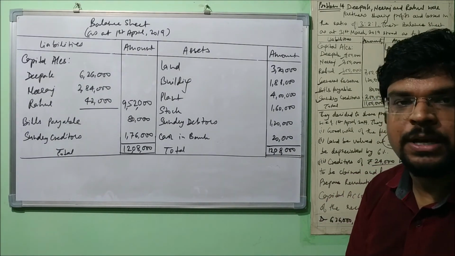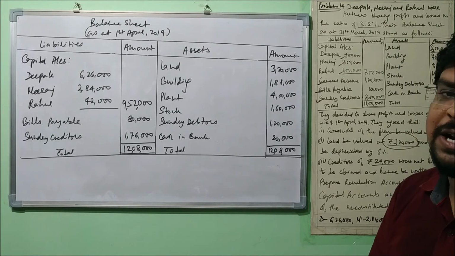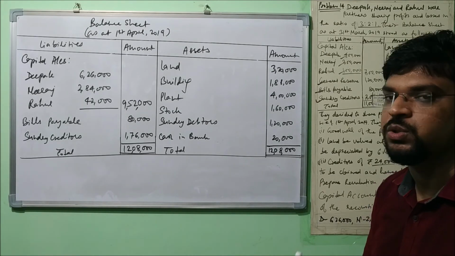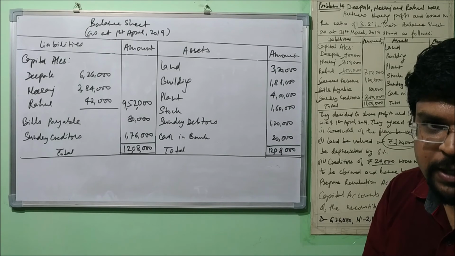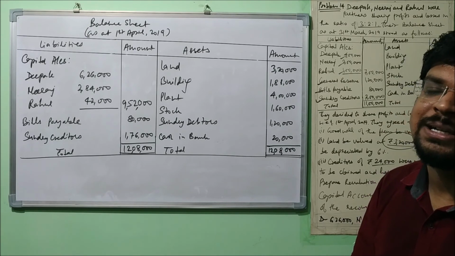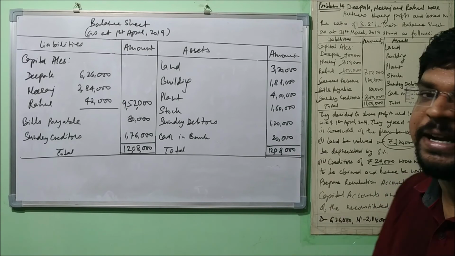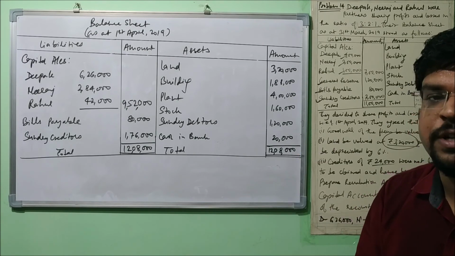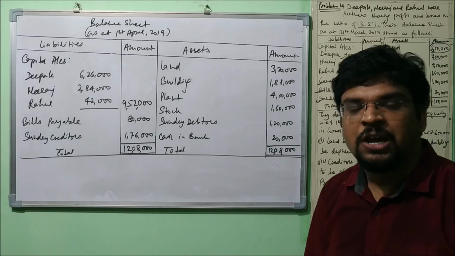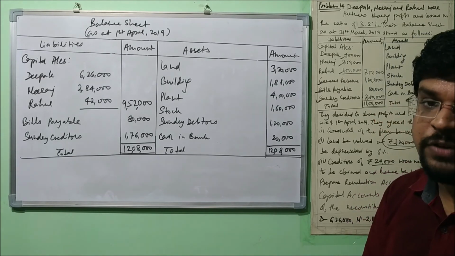Very first we'll prepare the revaluation account. For that we do not need to calculate the sacrificing or gaining ratio. Understood the point? Then we'll prepare the partners' capital accounts, and for that we'll have to do some calculation. We'll have to see all the items, the treatment of reserve, the treatment of goodwill, and the profit and loss on revaluation.